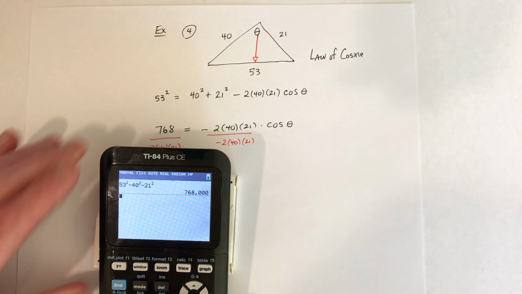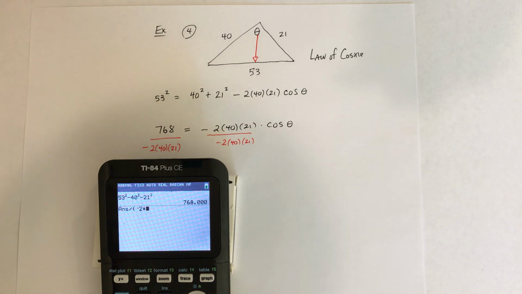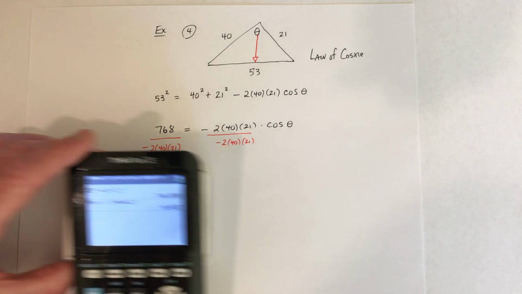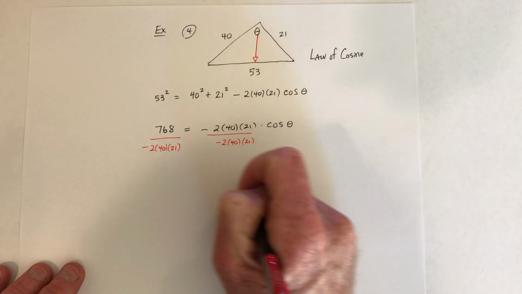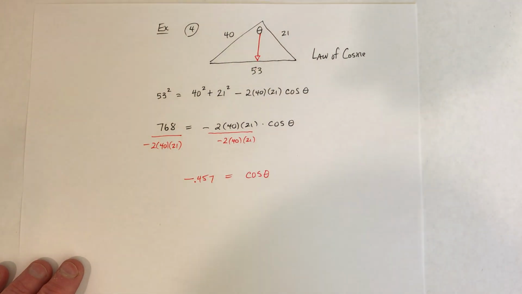And so that is a 768, which gets divided by a -2 times 40 times 21. And then put that in parentheses so that it divides by all of that stuff right there. And then it equals -0.457. So then it's going to be cosine of theta equals -0.457.